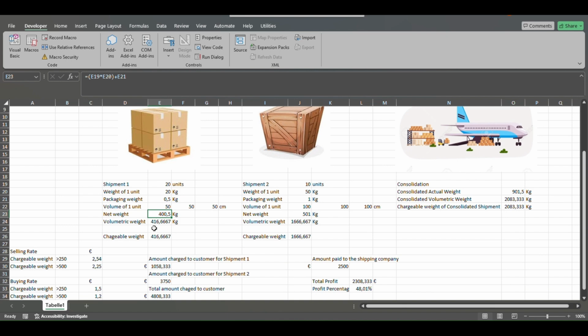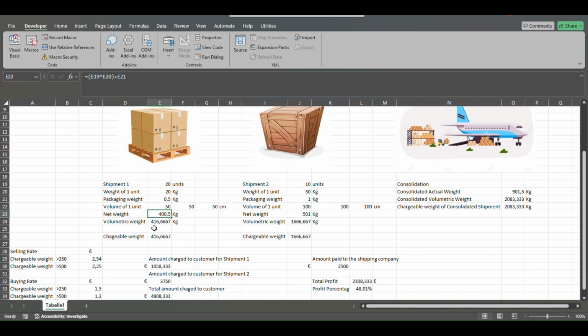Next we have something called the volumetric weight. What is the volumetric weight? When we are transporting commodities, some of the items are not heavy but they are bulky. For example, mattresses are bulky, they occupy a lot of space on the aircraft, but they are not heavy.